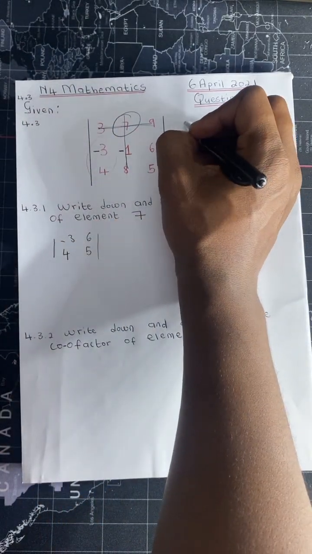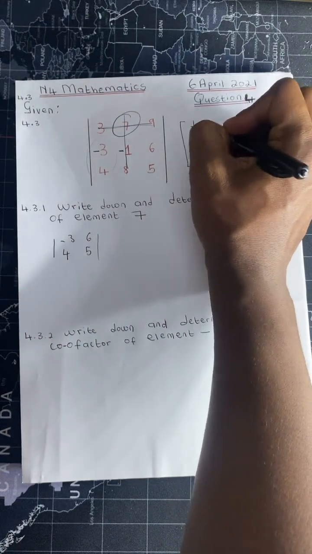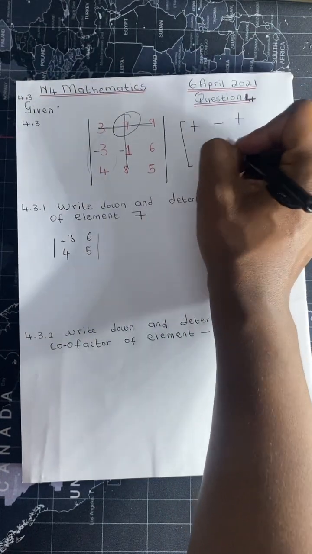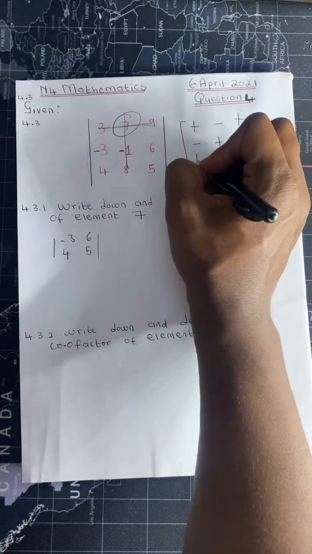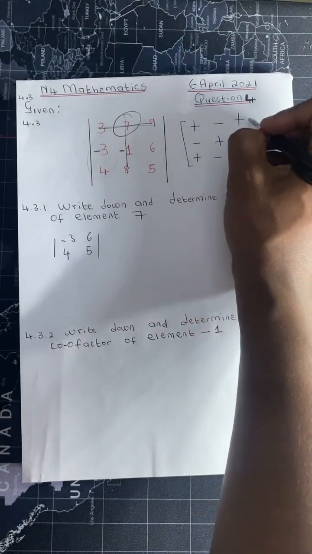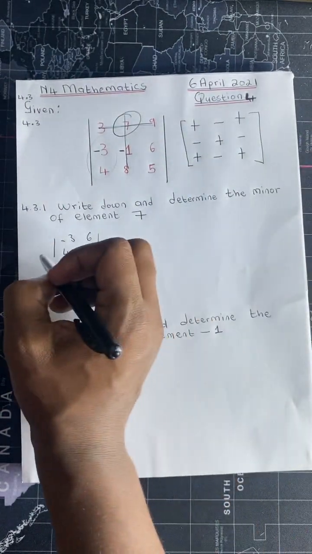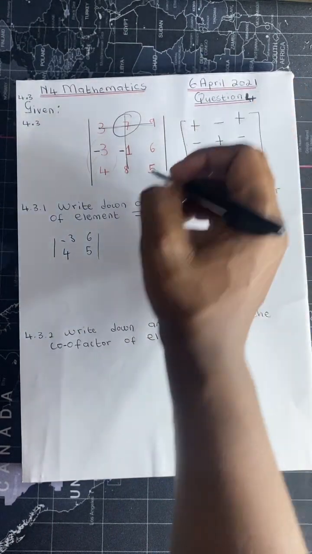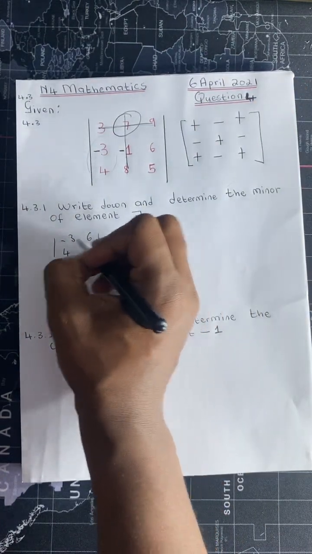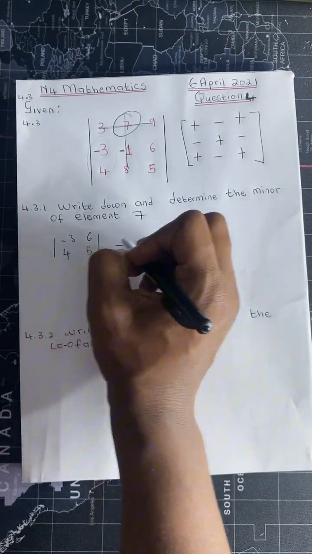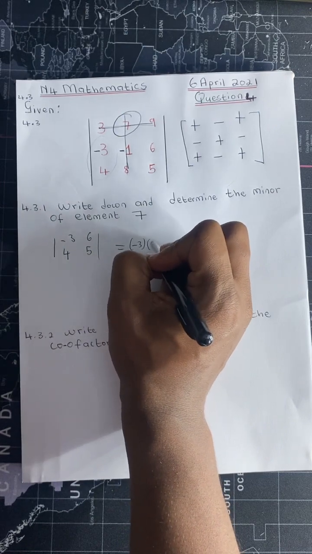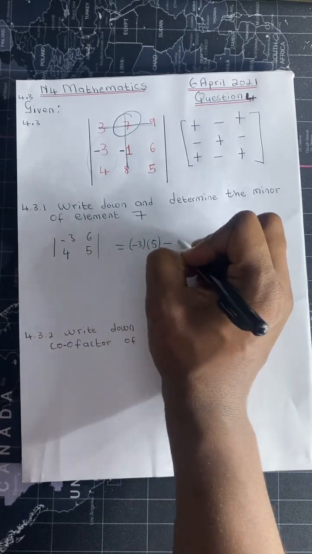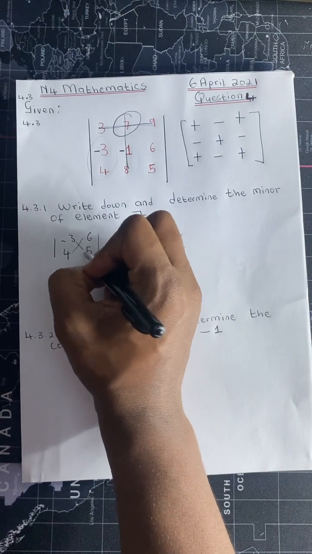So this is also plus, minus, plus, minus, plus, minus, plus, minus, plus. So when we determine the minor, we don't use that. So negative 3 multiplied by 5 minus 6 multiplied by 4.